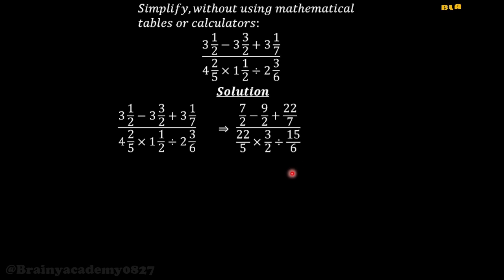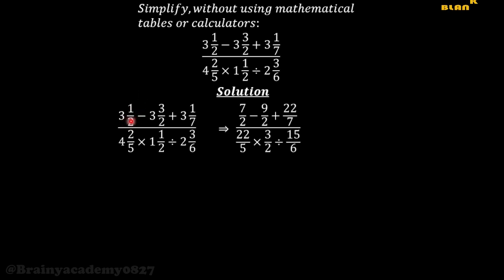If you don't know how to change a mixed fraction to an improper fraction, let me show you. Let's take the first one, 3 whole number 1 over 2. We multiply the denominator by the whole number, then we add it to the numerator over the denominator.